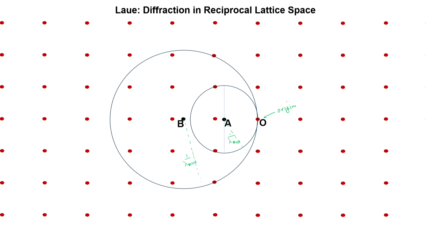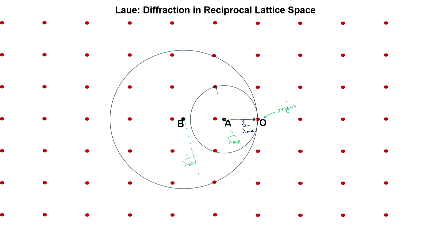So, now for example, let us see which possible scattered beams we can get. This represents the incident beam for the smaller sphere, S naught upon lambda max. Now, I can get a scattered beam wherever the reciprocal lattice points are intersecting the sphere of reflection, and in this case the smaller sphere.